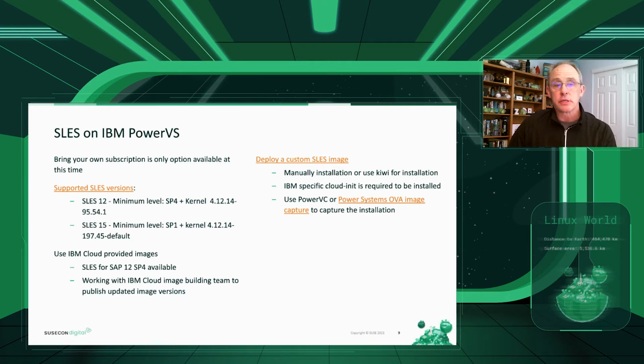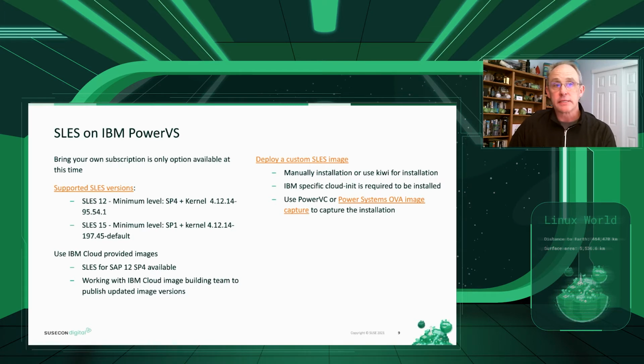Today, SUSE Linux Enterprise Server for SAP applications 12 SP4 is available as an image in IBM Cloud. I am working with the IBM Cloud image building team to provide more SLES and SLES for SAP image options.